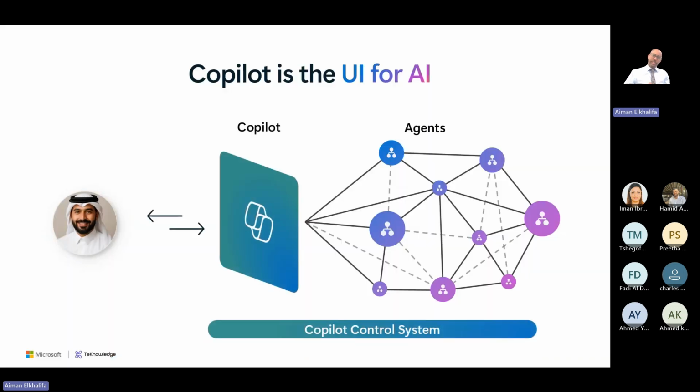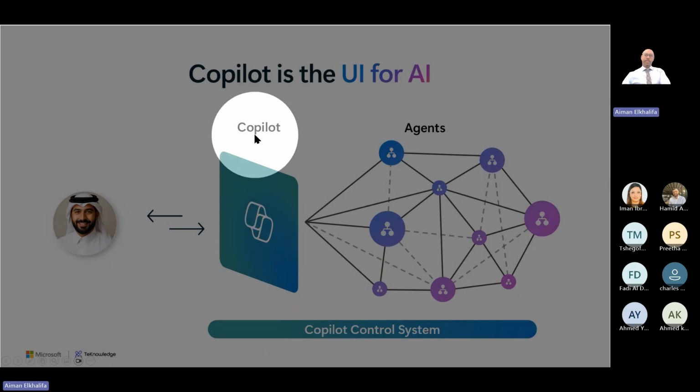What we want to achieve is a coherence. We want to achieve an era where human beings and agents work together. All right. So your interface to this era is Copilot.